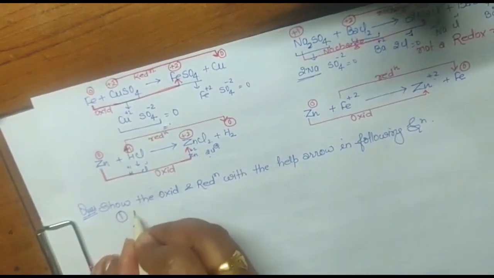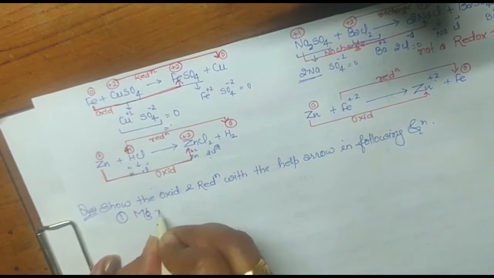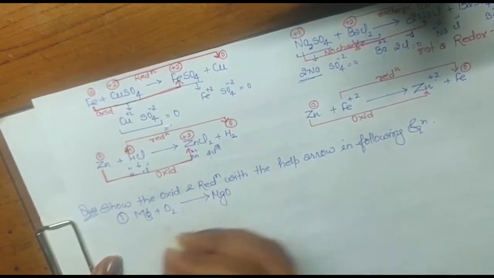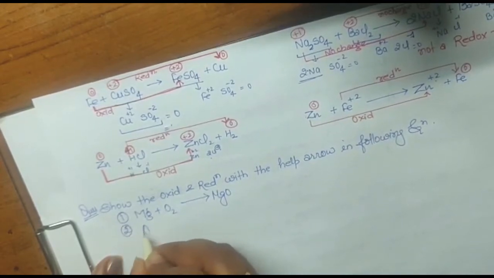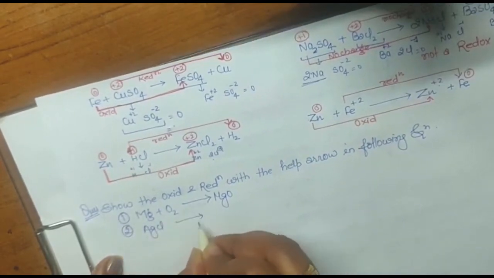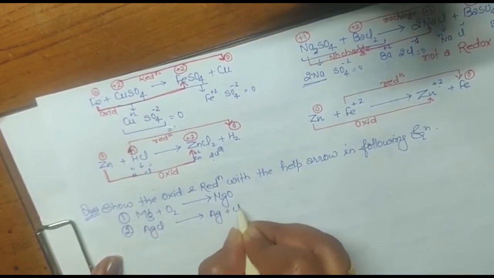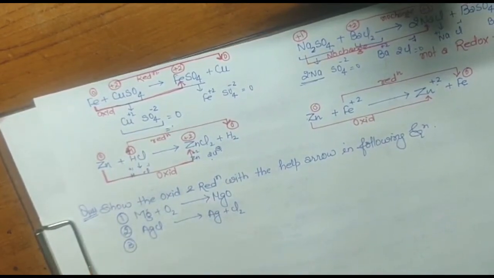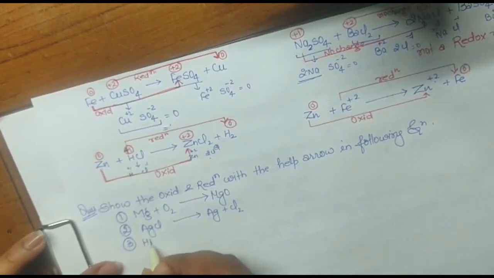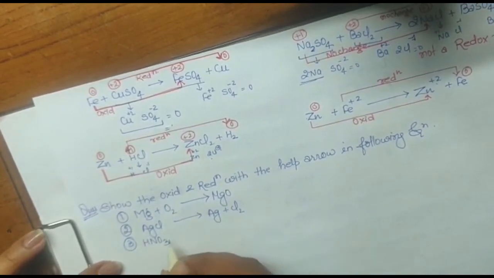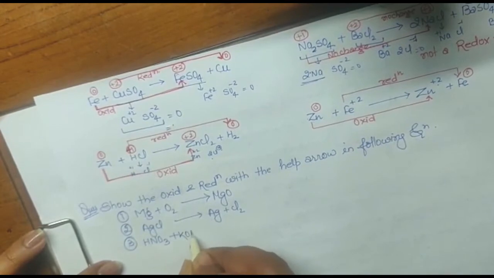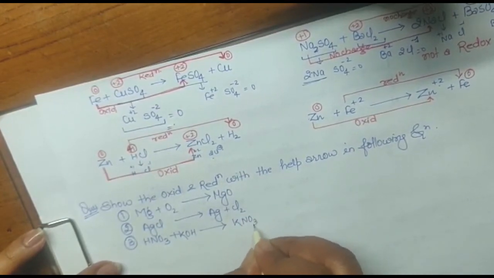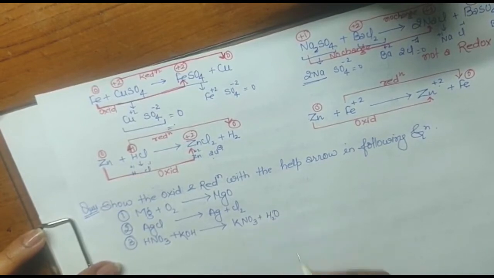First example, very simple, I am writing Mg plus O2 changes into MgO. Second example, AgCl changes into Ag plus Cl2. Third, HNO3 plus KOH will give you KNO3 plus H2O.